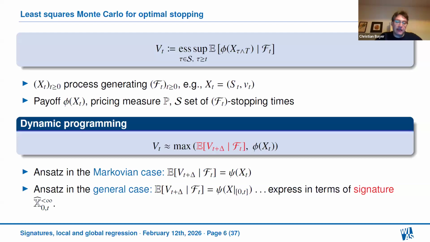And of course, we want to maximize the value, so we take whatever decision gives us the higher cash flow at this point. I put here an approximate equal because this is a true equality in the discrete time case, but in a continuous time case, this is just a discretization, an approximation, so it's not a true equality.